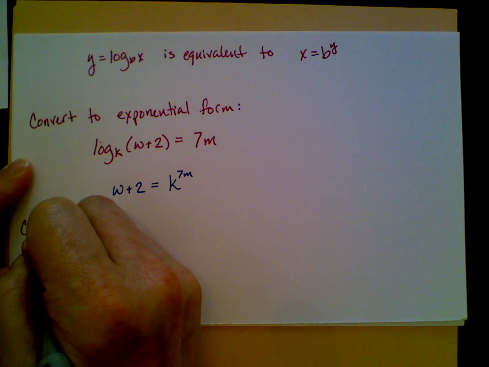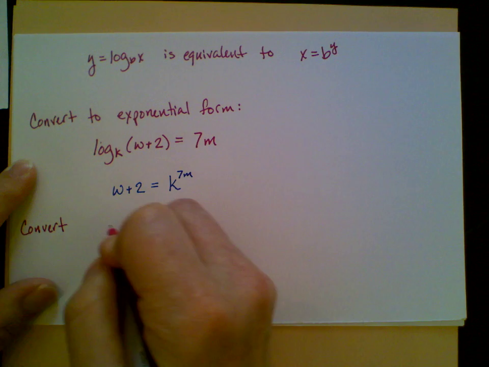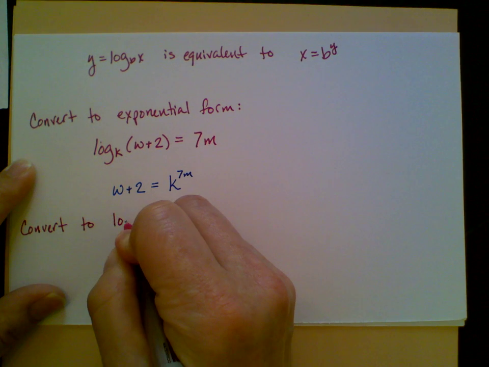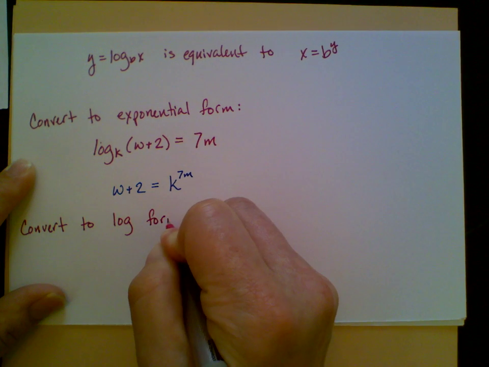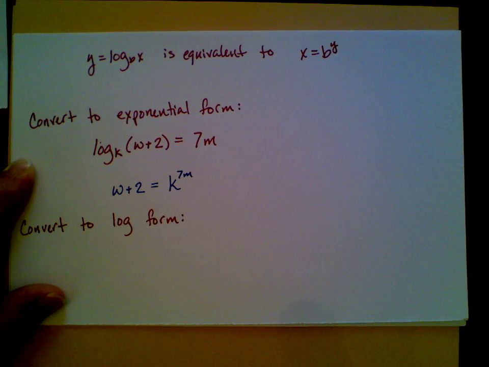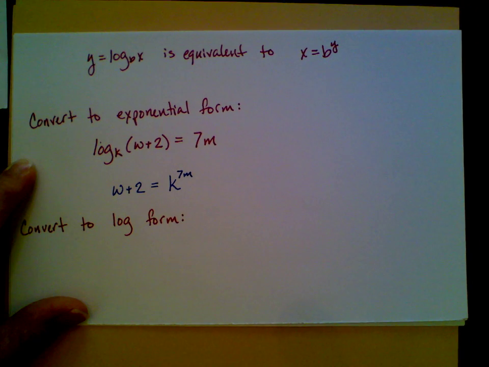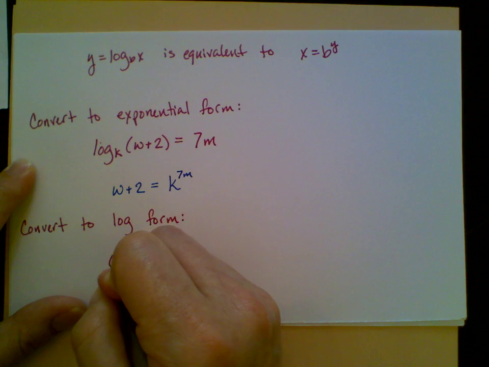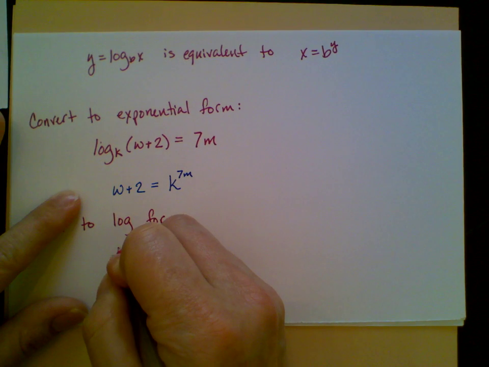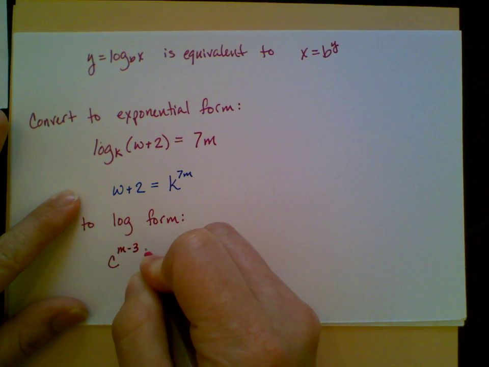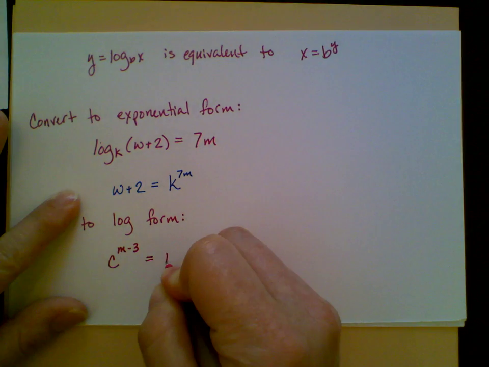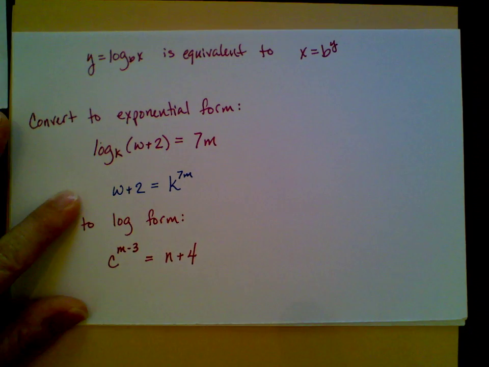We could also go the other way. I want to convert this to logarithmic form. This one is c to the m minus 3 equals n plus 4.